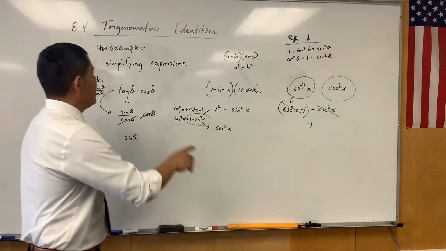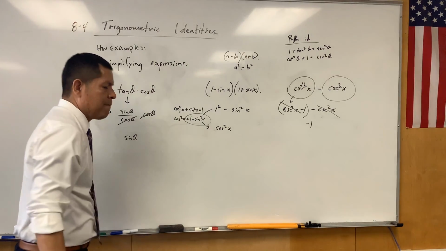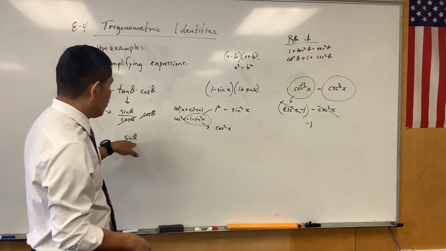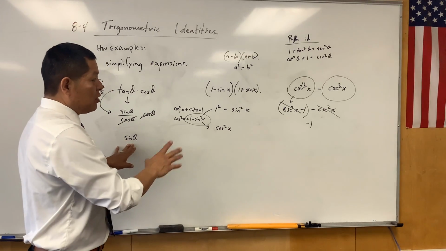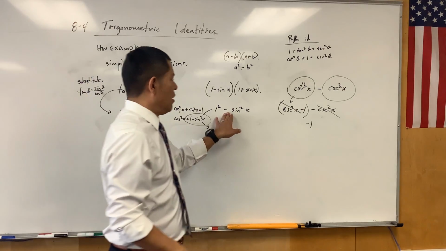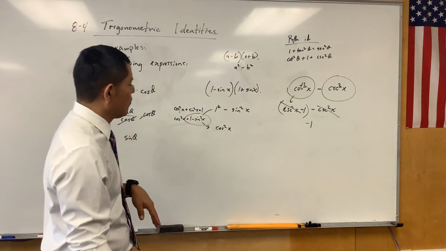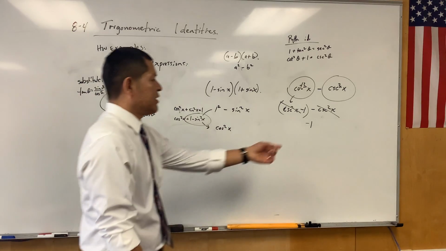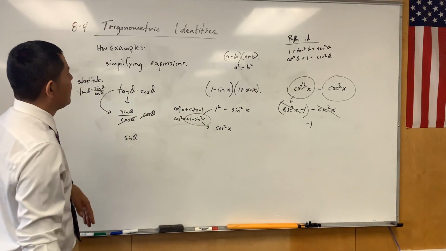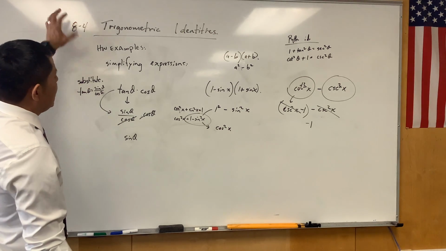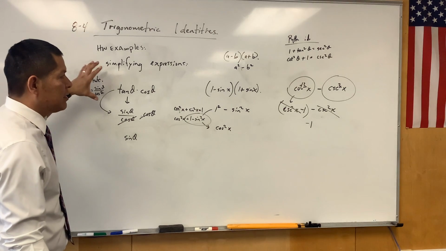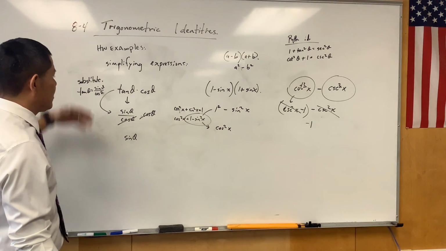So all we're doing in this case is simplifying expressions, and you know you're done when you break it down to one trig function, usually with no plus or minus signs. Well, in this case, we have a -1, but that's just one simple number. So what we're doing in the first set of homework is simplifying using substitution, using the trig identities as substitutions.